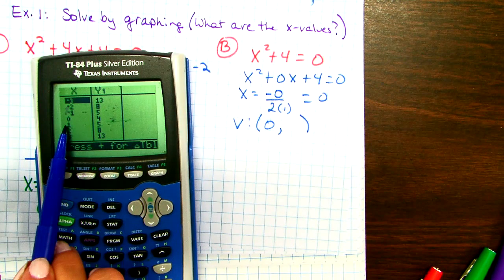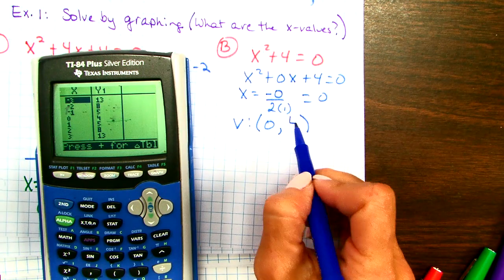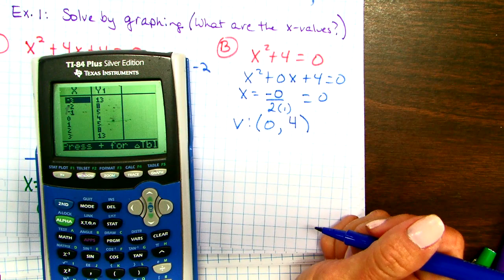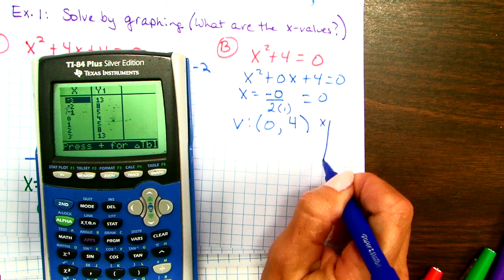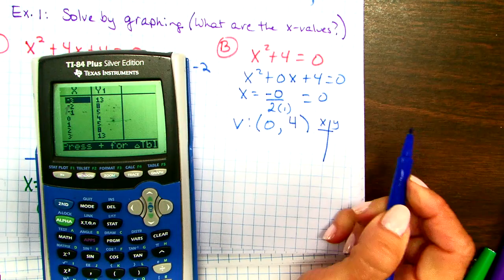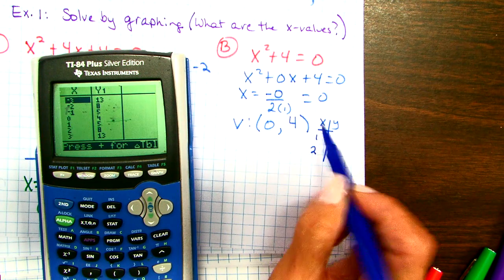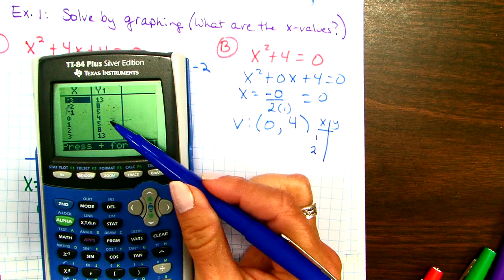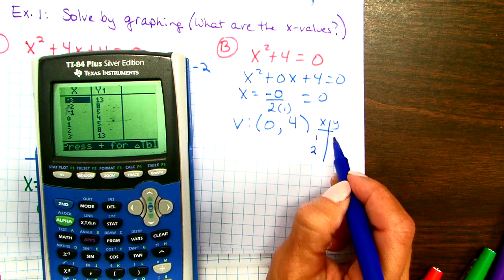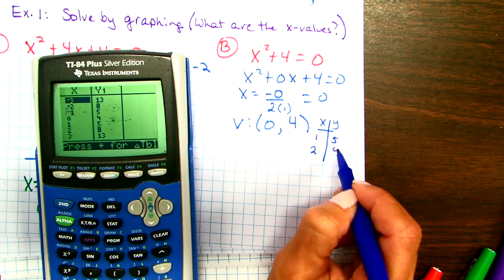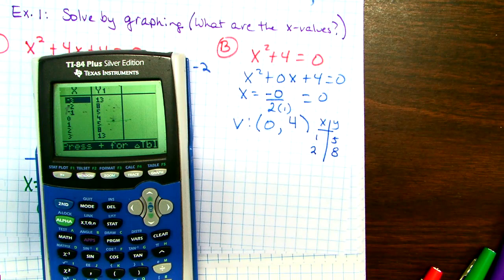Here it is, 0, 4. Pick a couple numbers. So this is really reviewing all of the things we've been doing this week. 1, about a 5, 2, 8. My eyes are bad.